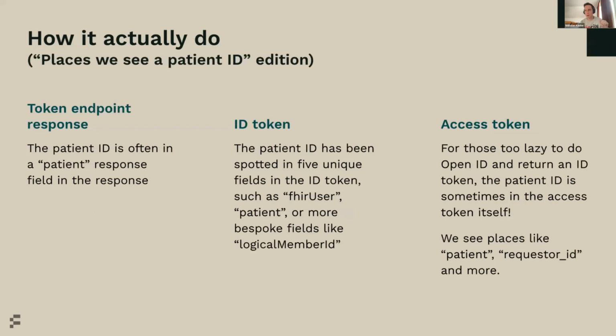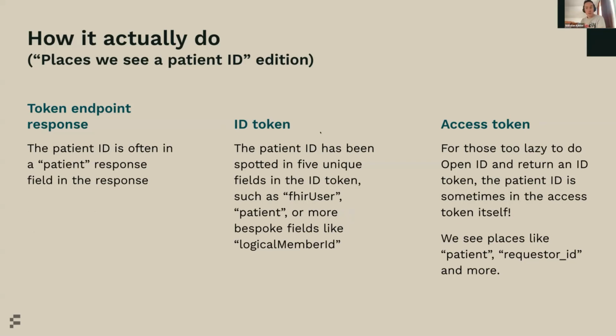The last piece I'll talk about is that the places you actually see a patient ID in the token response are wildly varied. So in the actual endpoint token response, not in the access token or the ID token, there's often a patient field. It's very nice, very standard. We like that one.